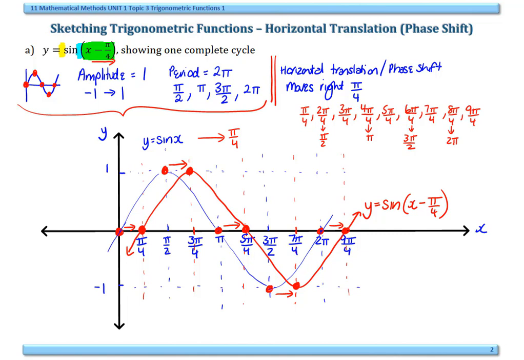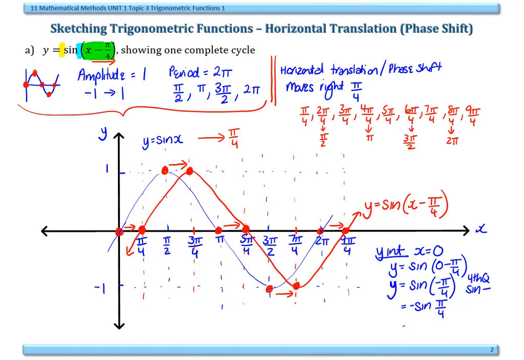If they wanted our y-intercept, which is a key point, that's when x equals 0. So y would be sine of 0 minus pi on 4, which is sine of negative pi on 4. So you're in your fourth quadrant. Sine is going to be negative. So that's negative sine of pi on 4.